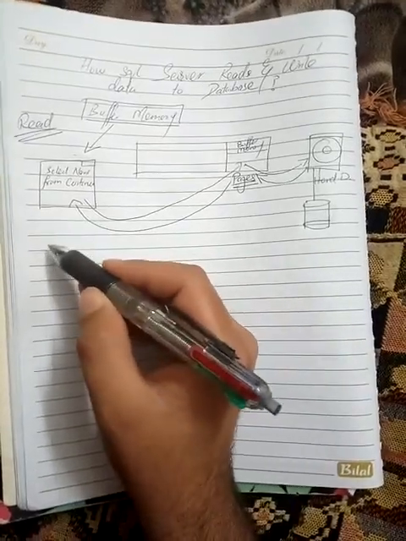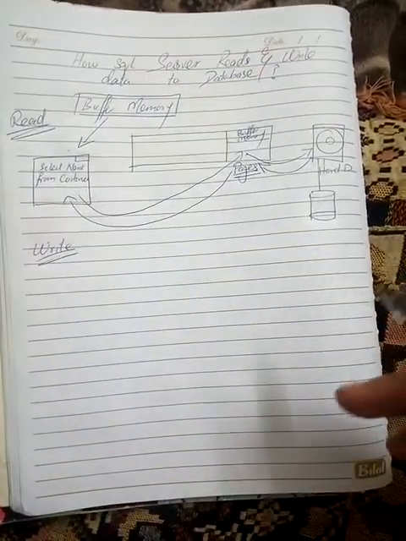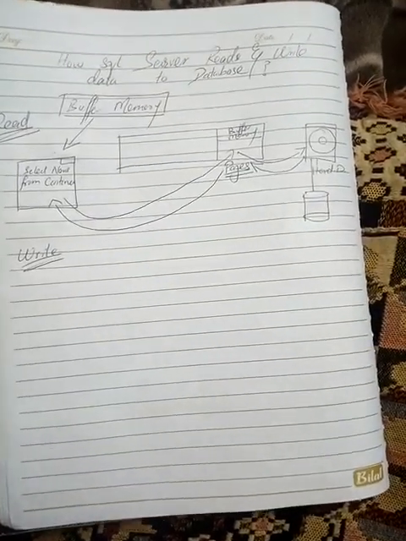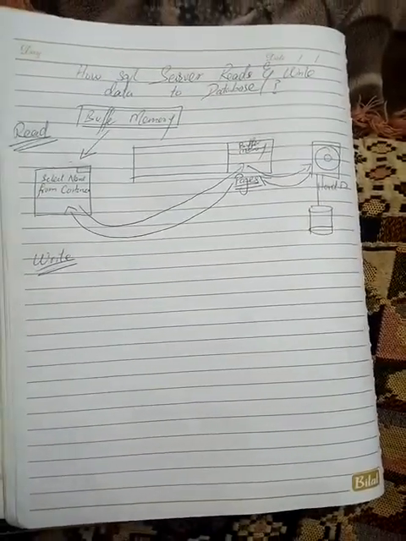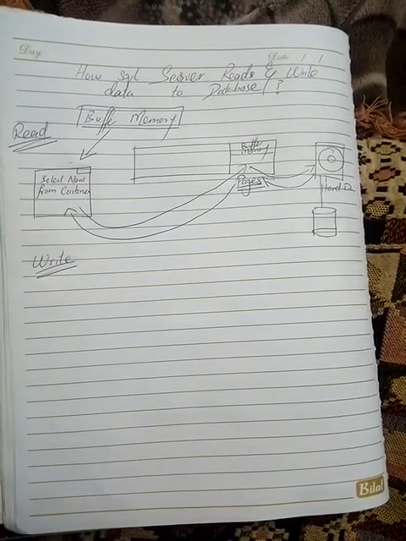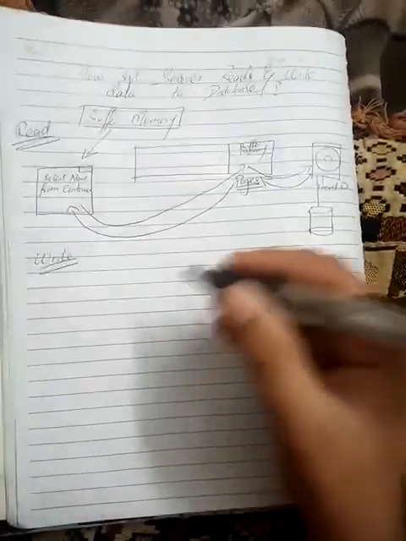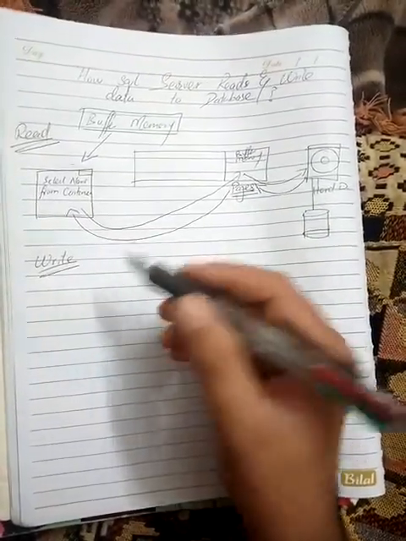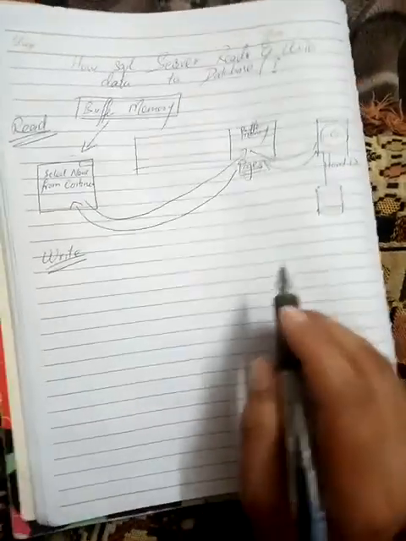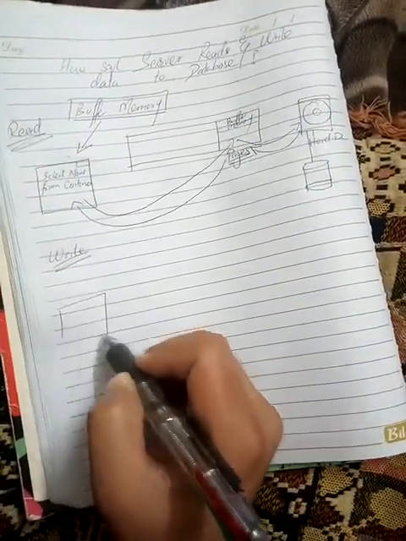Now let's examine the write, how SQL Server writes the data to the actual database. Initially it is just similar to the read operation, but after the initial stage it gets a little different. So again I'm going to draw these things here.